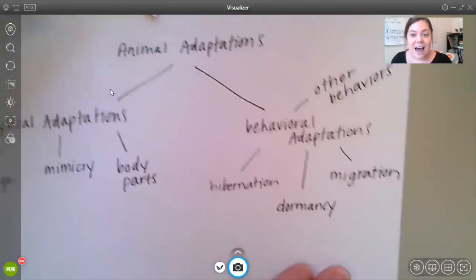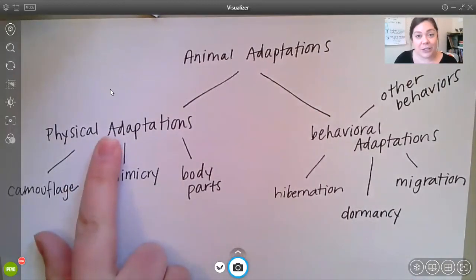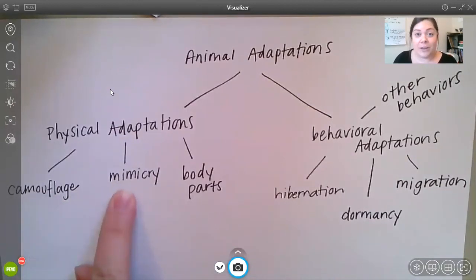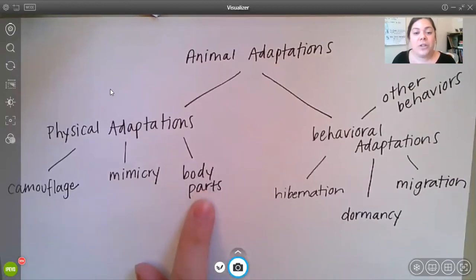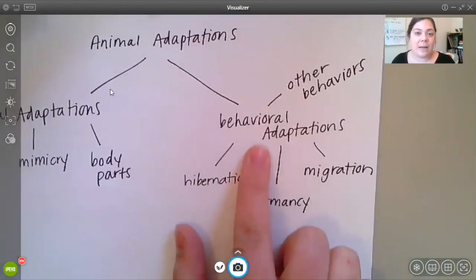So we've talked a lot about the different types of animal adaptations today. We've talked about physical adaptations or adaptations about an animal's body, like camouflage, blending into a background, mimicry, trying to look like another animal in order to survive, and of course, those different body parts that allow an animal to survive. We've also talked about behavioral adaptations.